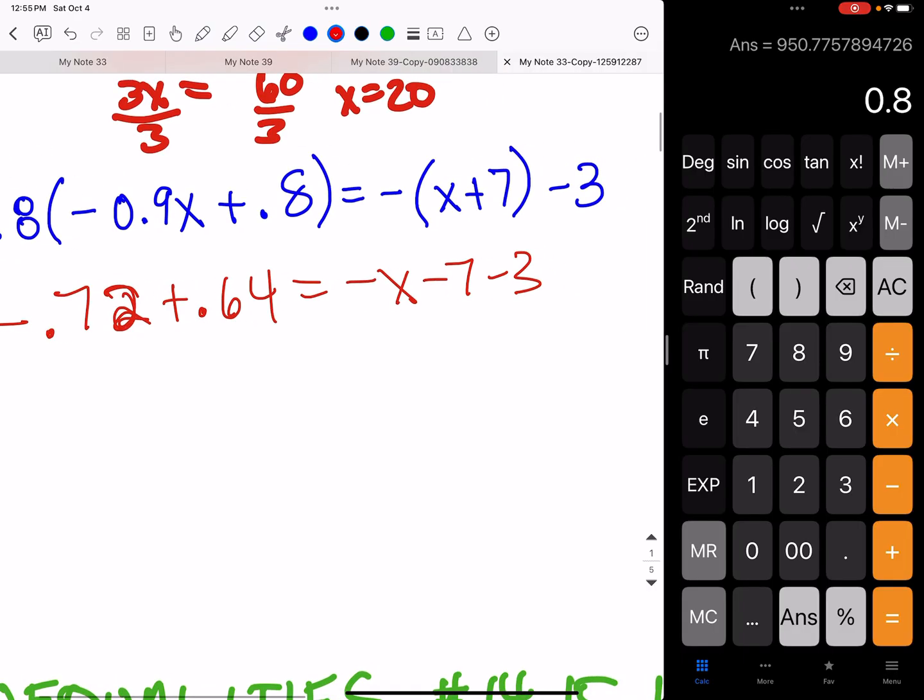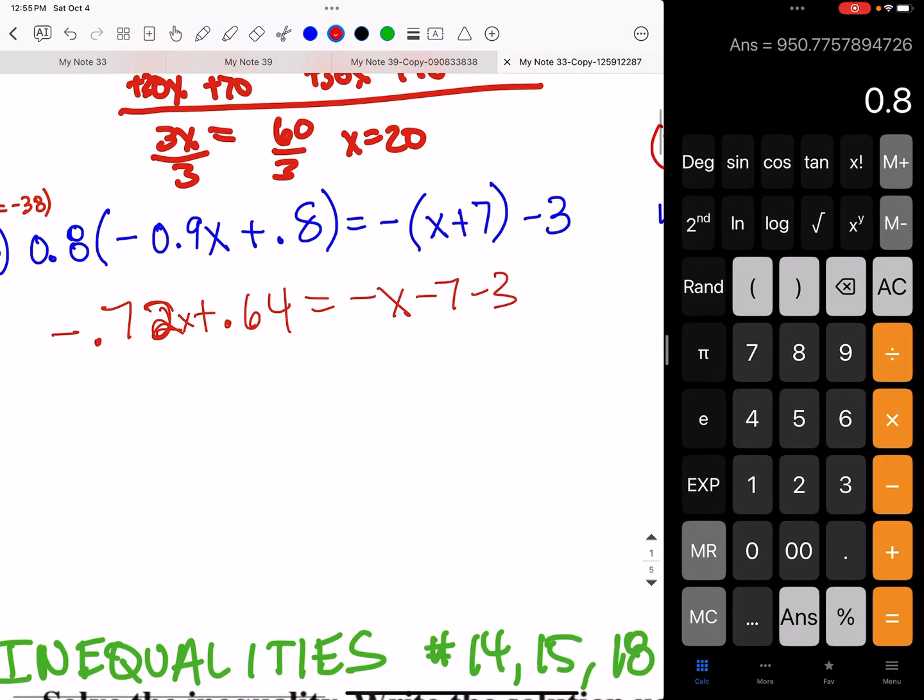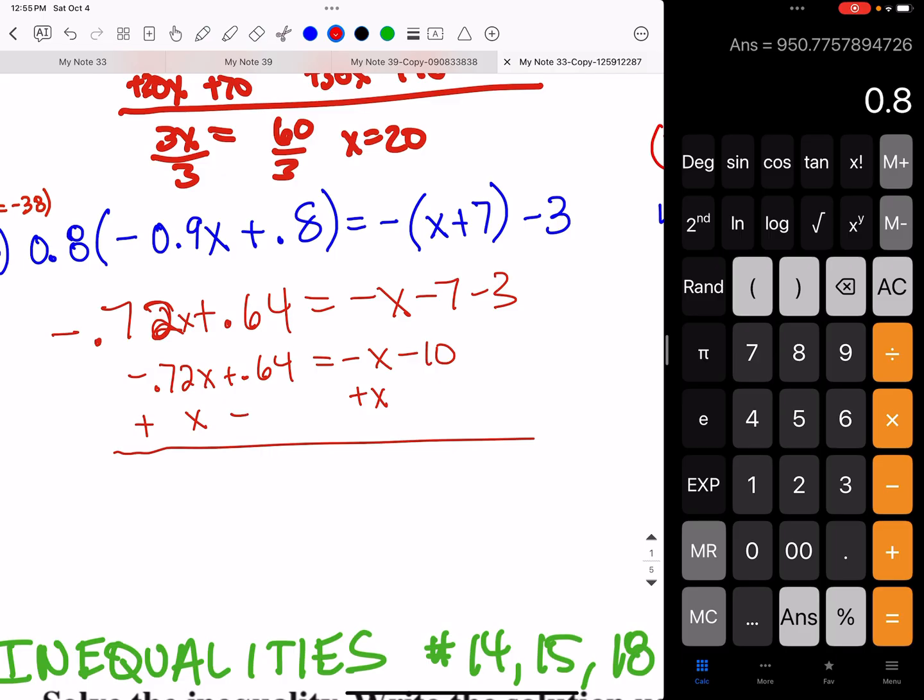So let's see. There's an x here. Negative 0.72x plus 0.64 equals negative 1x minus 10. So let's add an x over here, add 1x over here. Let's minus 0.64 over here, minus 0.64.